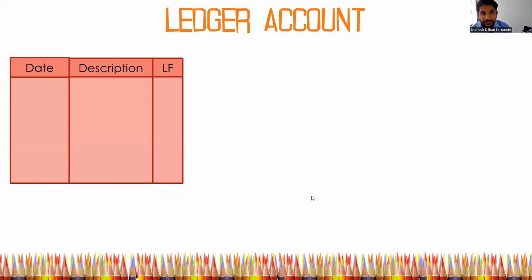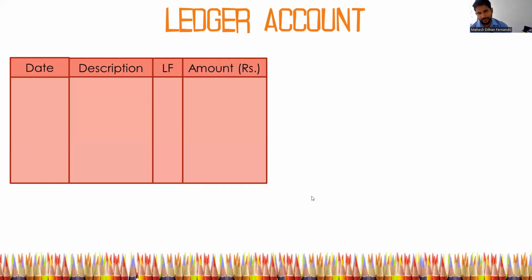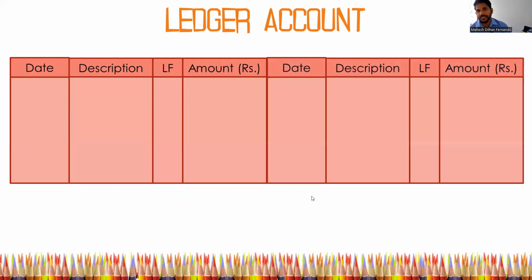Third is ledger folio. I'm going to explain all these things. Next is amount. Again, the same four columns are repeated on the other side.